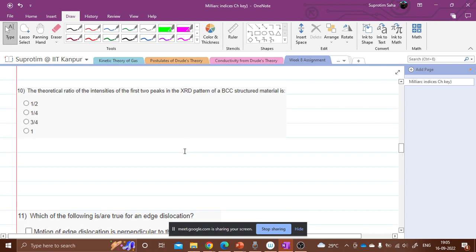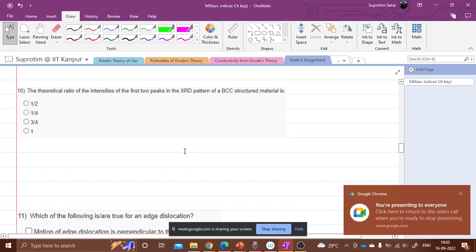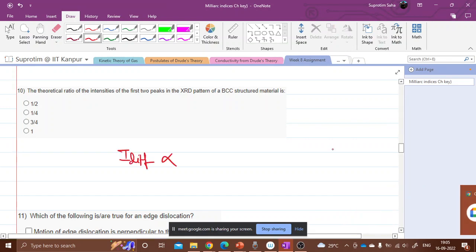So the next question I'm coming to now. I was having difficulty with this problem, because the diffraction intensity is proportional to the modulus of the structure factor, squared.